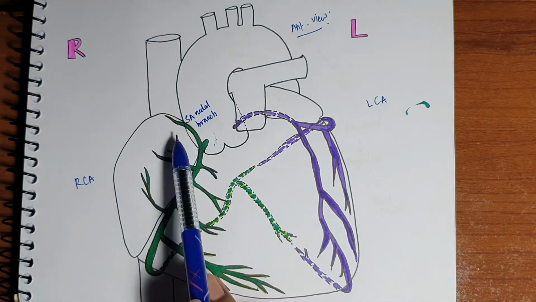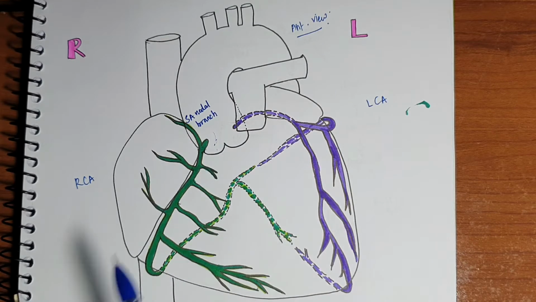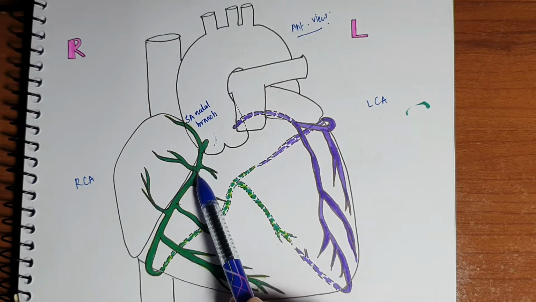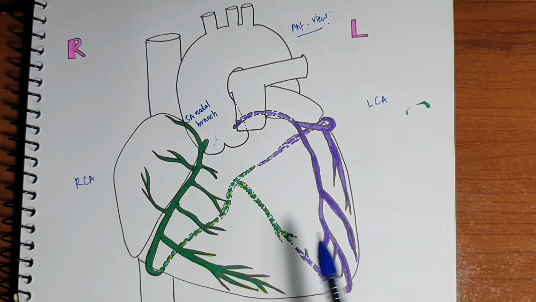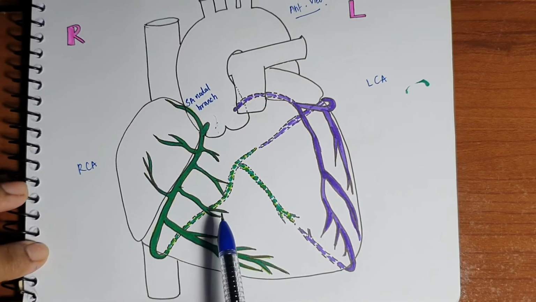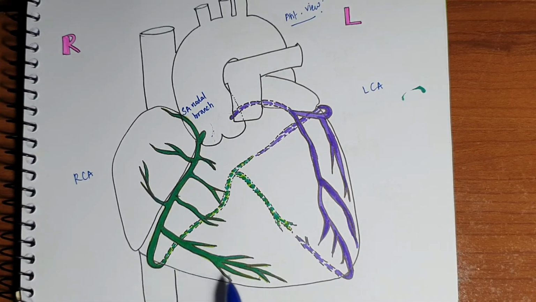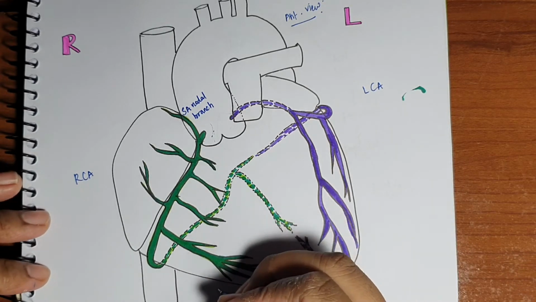So this is the first branch of the right coronary artery. Then it continues along the coronary sulcus and it gives out a right marginal branch. This vessel, as you can see, is running along the right border of the heart. So this is called the right marginal branch.